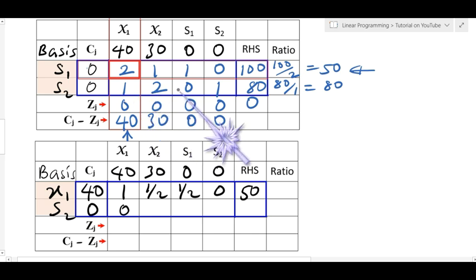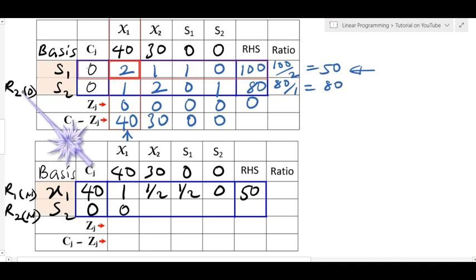So if I may write it out for you, let's call this row R2. Let's call it R2 old. R2 old is this row, while this is R1 new, and this row is R2 new.